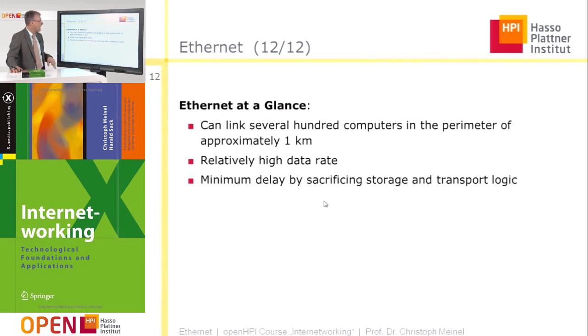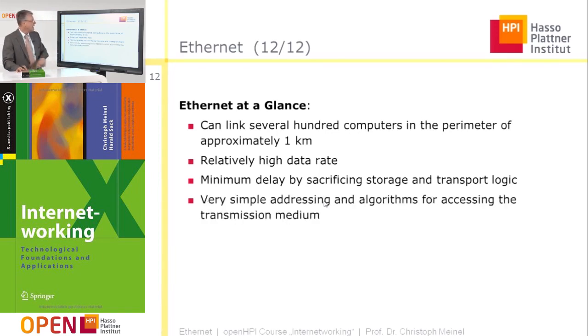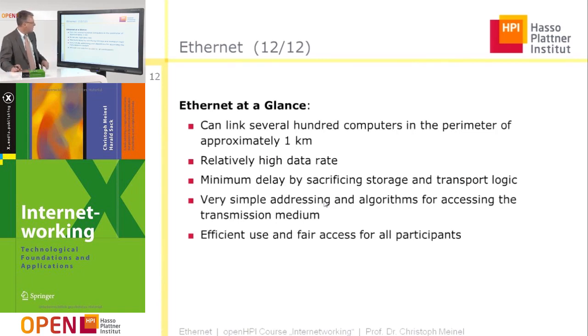It's a relatively high data rate. There are different variants, also different variants in size. The minimum delay is achieved by sacrificing storage and transport logic. No storage, no transport logic, it is broadcast. It's a very simple addressing scheme. It's a very simple algorithm for accessing the transmission media.